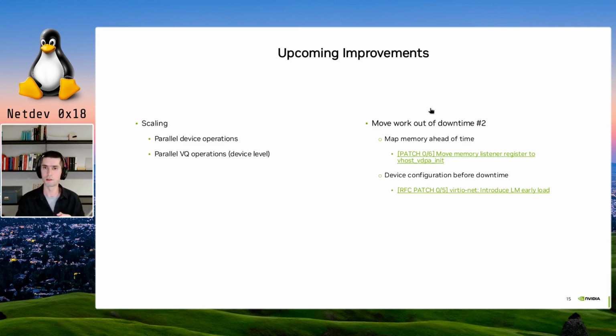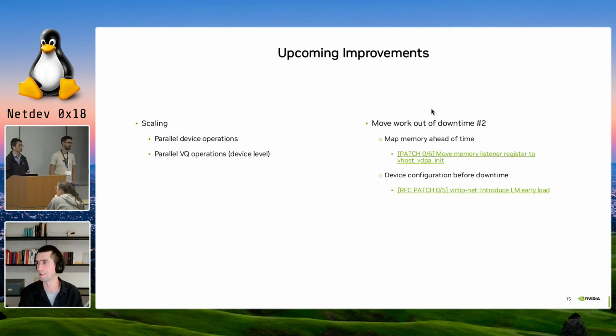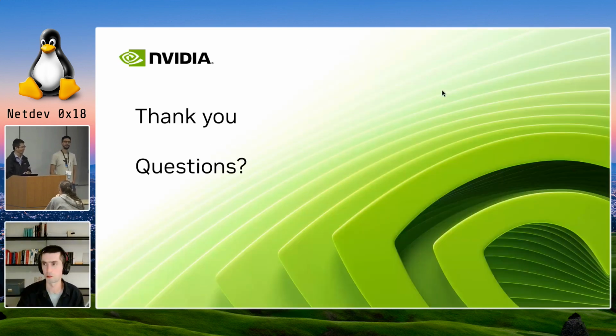Then there's more potential work to be done to take things out of the destination downtime. I hope it's a bit more than 7 minutes, but I tried to sprint. Any questions? Or handing it back over to Siwei and Eugenio.